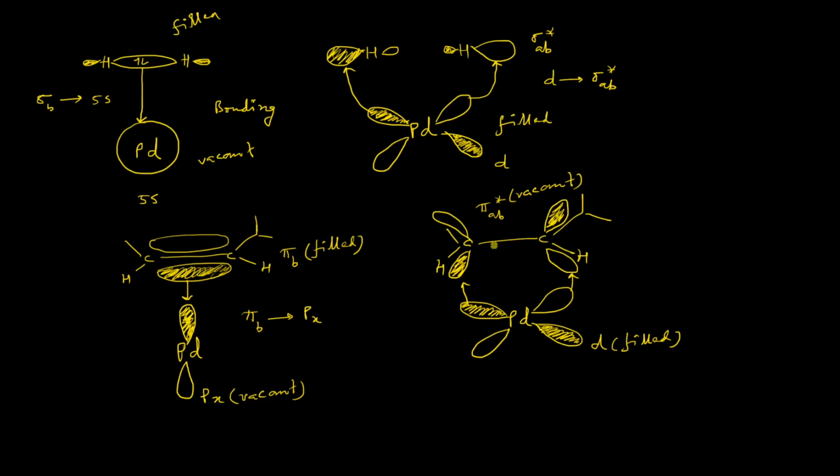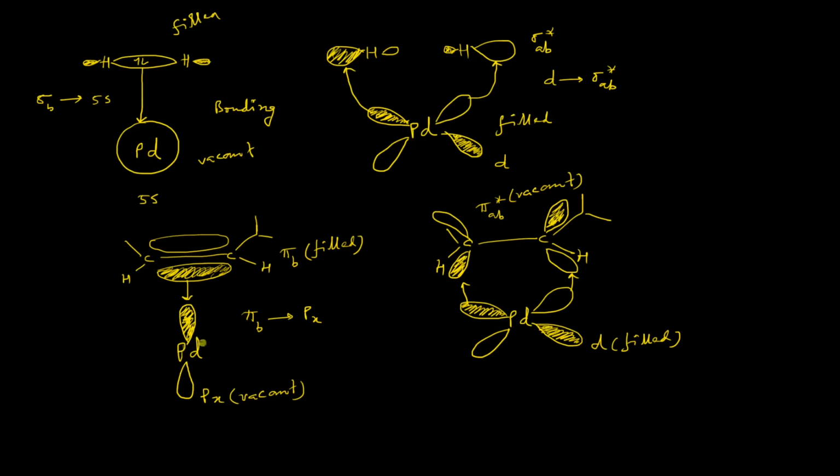So here again the weakening of the double bond is taking place, since the bonding electron is coming from the pi bonding orbital to the px orbital, and removal of electrons from a bonding molecular orbital decreases the bond order.